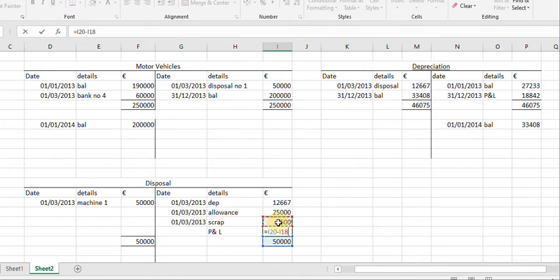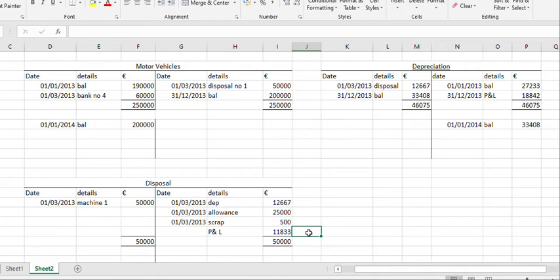So 50,000 minus 500 minus 25,000 minus 12,667, 11,833 is the figure on the credit side. So what that would be, that would actually be a loss. If I just explain, the machine cost 50,000.